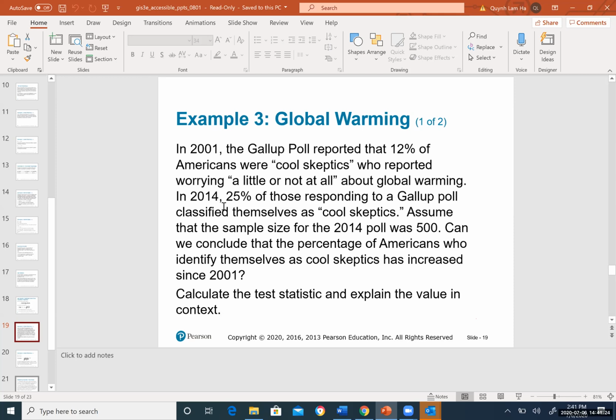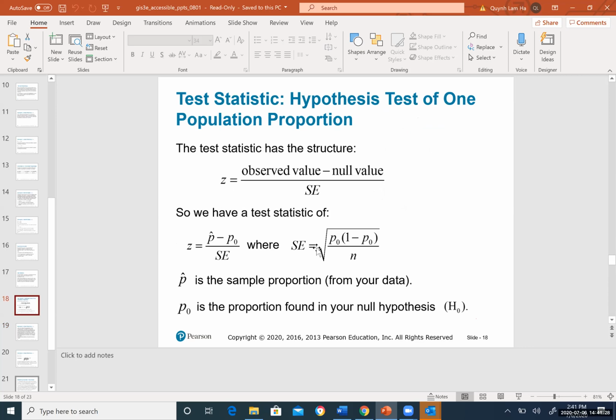So how about the previous formula? You need to know P hat, P naught, and SE. We didn't know SE. However, to compute SE, you have to compute it separately. You have to take the square root of P naught, which in this case will be 0.12 times 1 minus 0.12, which is 0.88, right?